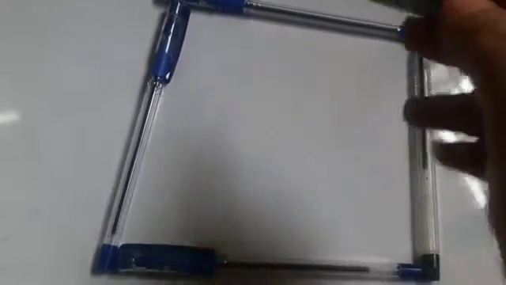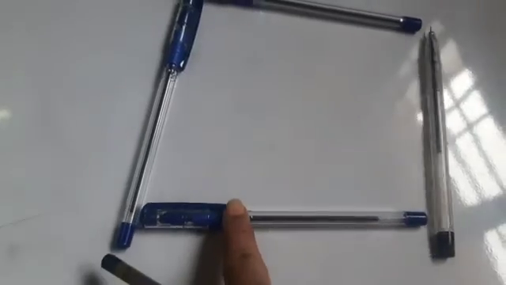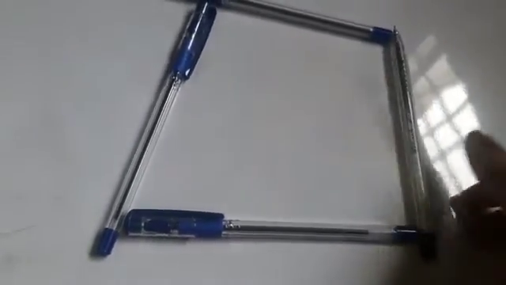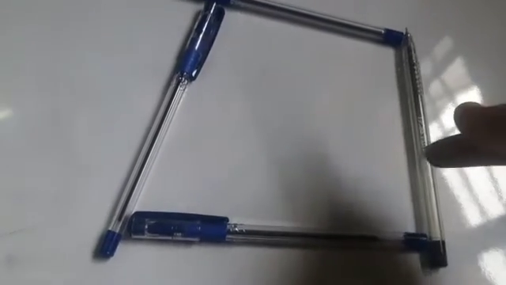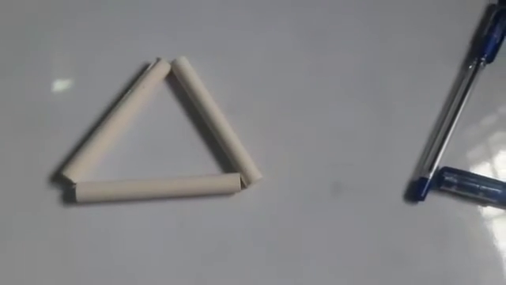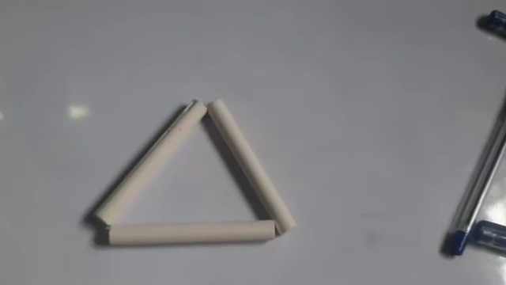So this is the reason why the towers are also made with a triangular shape. Similarly, I have made a quadrilateral by using the pens. If I try to move inwards any side, see, the other side of the quadrilateral gets distorted. So this is the reason why the towers are made in triangular shape.